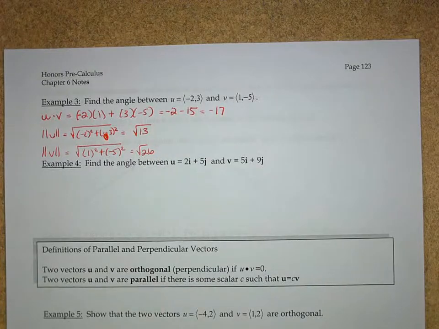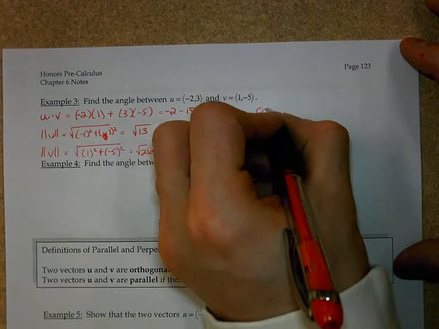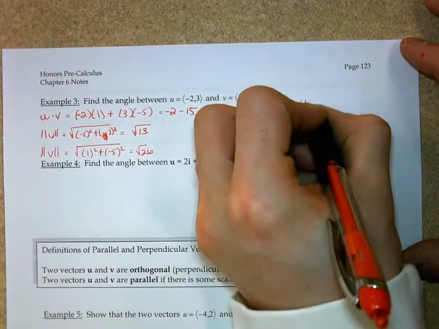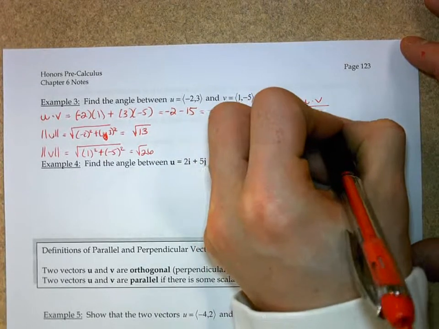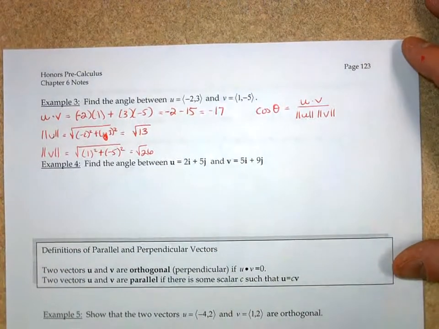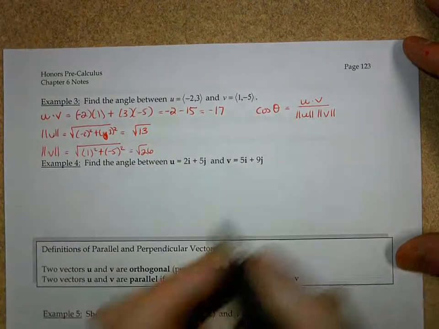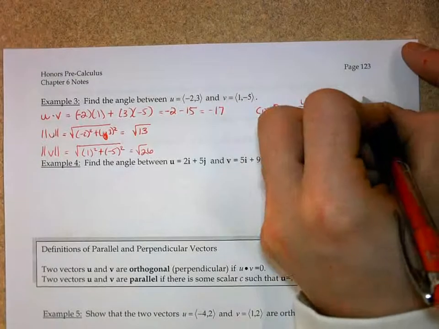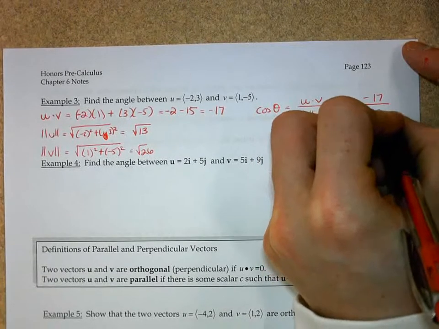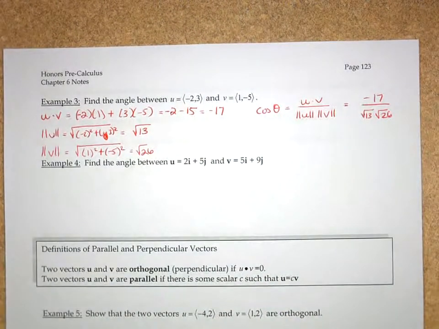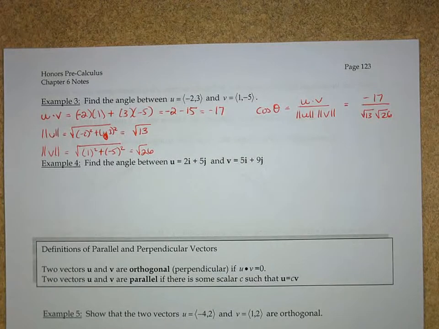So now that I've got the dot product, the magnitude of u and the magnitude of v, I can use my cosine formula. The cosine of theta is the dot product of u and v divided by the magnitude of u, magnitude of v. So if I substitute that in, I get -17 over the square root of 13 and the square root of 26. That isn't an angle measurement.